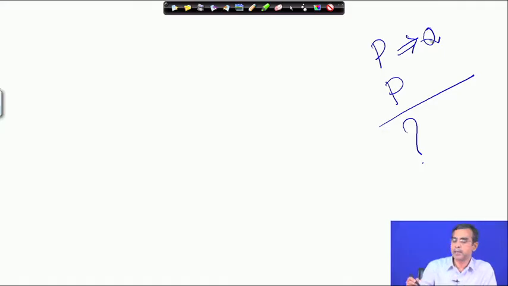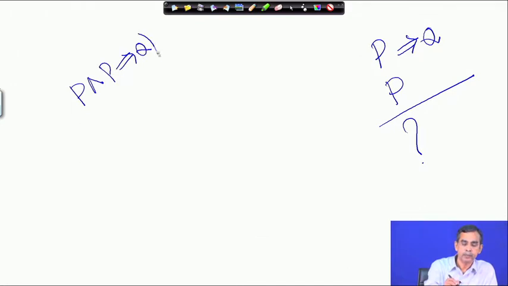Basically, the two rules given are P and P implies Q, and they can be combined together.